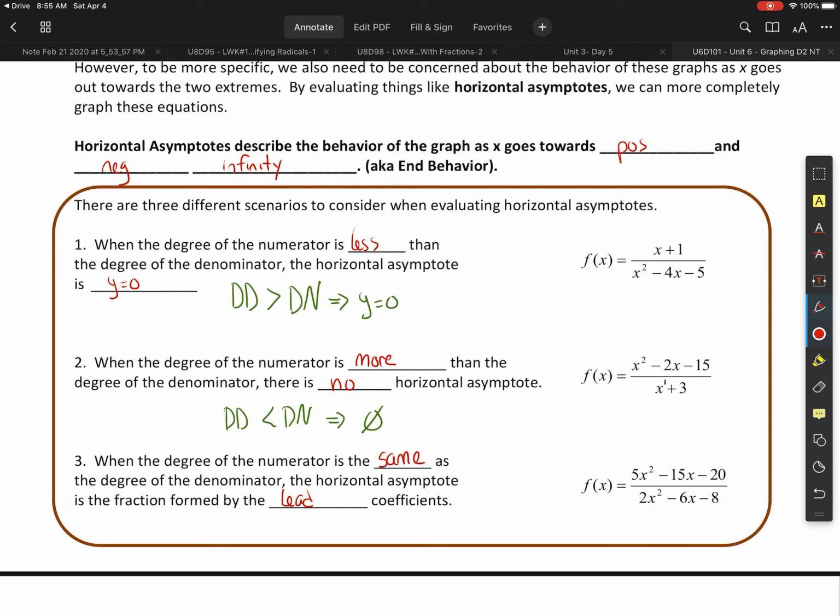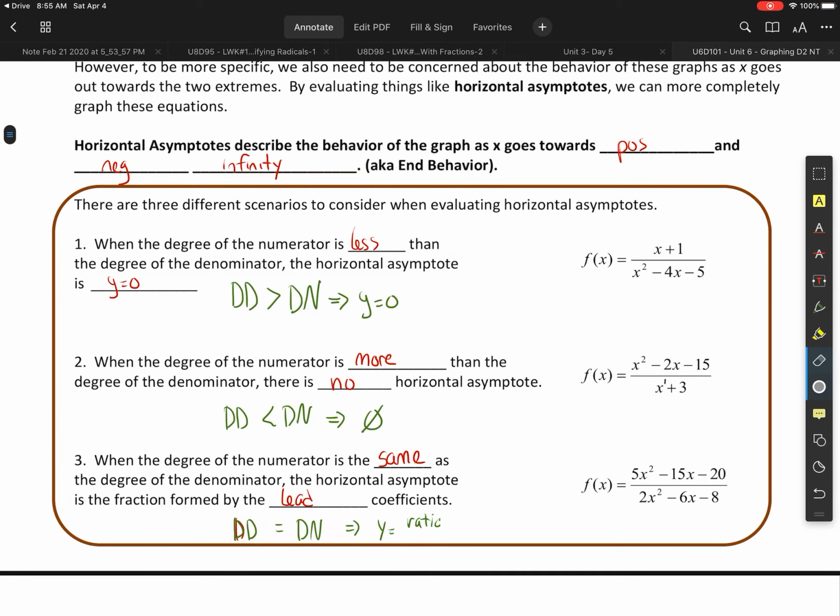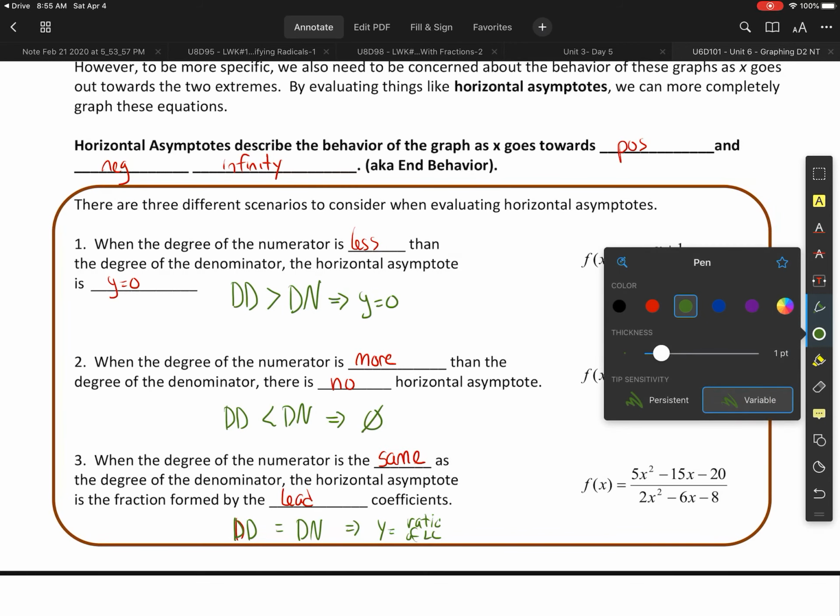Now, what I like to think about with some of these is, if I plugged in really large numbers, oh, my bad, I forgot to fill this out. When the degree of the denominator equals the degree of the numerator, y equals the ratio of lead coefficients.